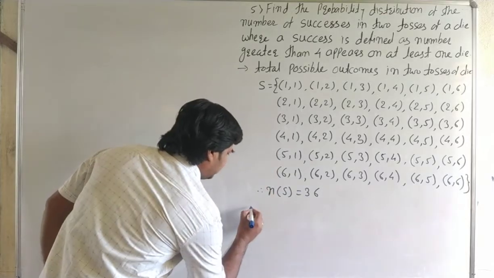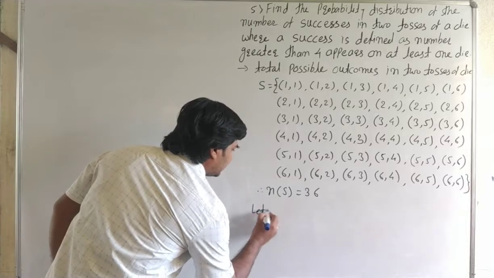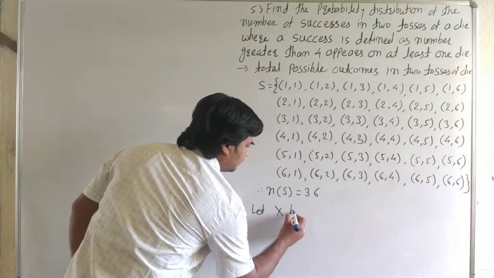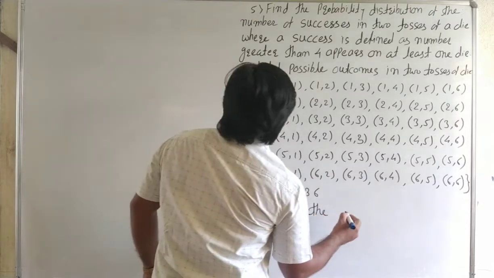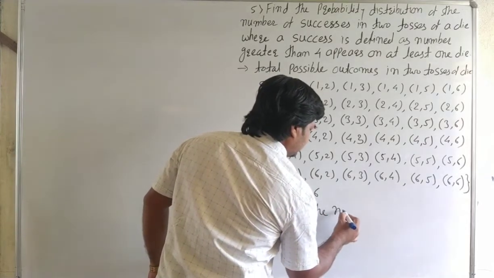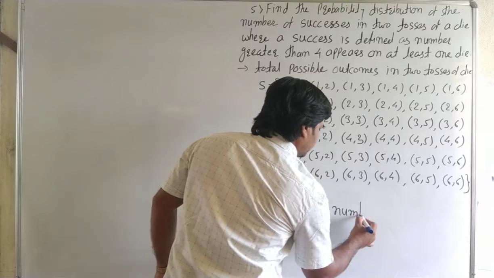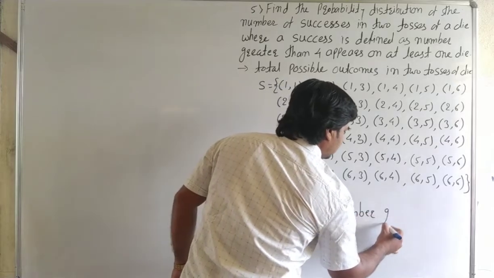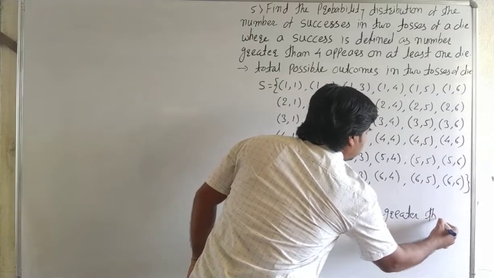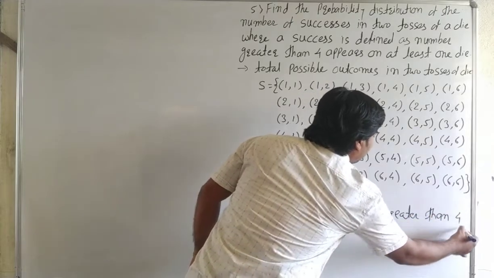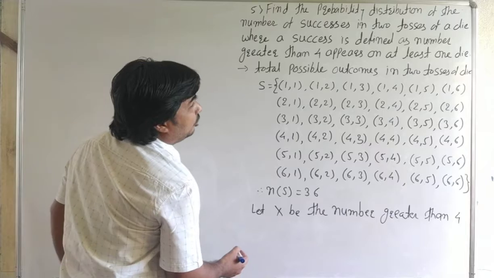Now let x be the number greater than 4 appearing on at least one die.